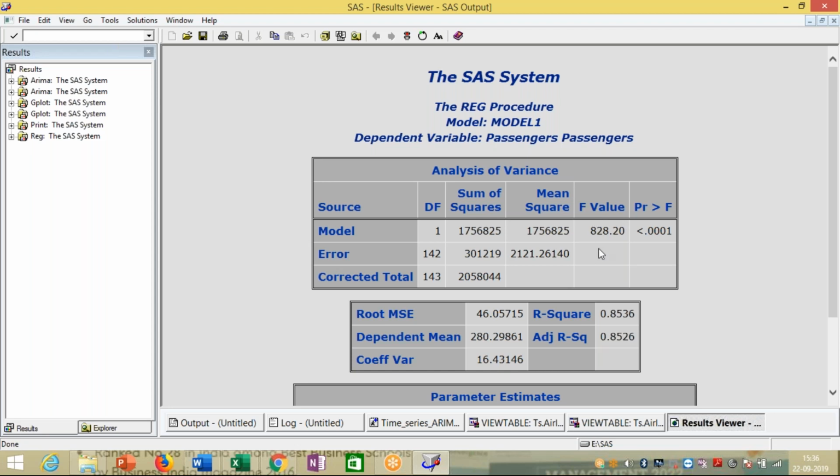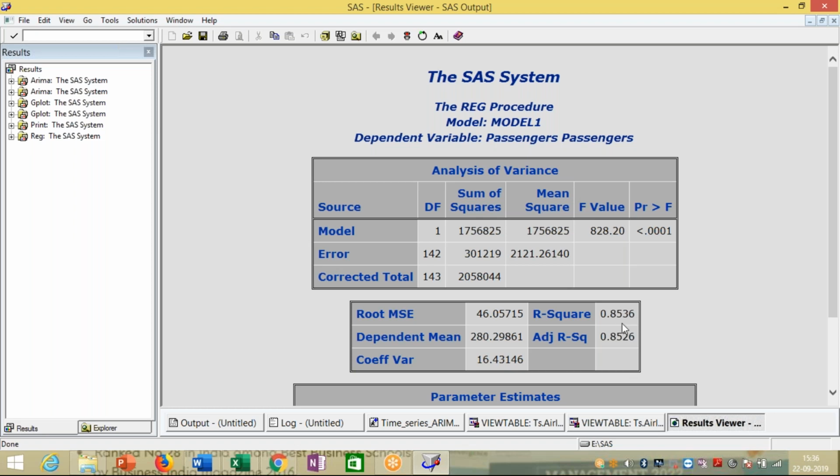Now, what is the probability I would commit a type 1 error if I consider this as significant? My probability of committing a type 1 error is less than 0.0001. Hence, I can say that the overall variation explained is very significant relative to what is not explained. Hence, the overall fit of the model is considered to be very good.